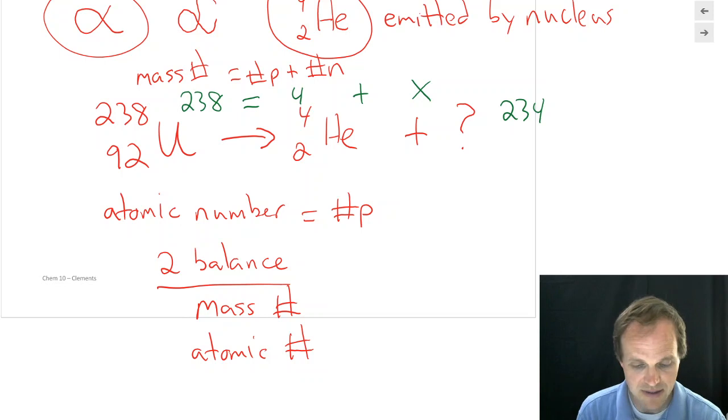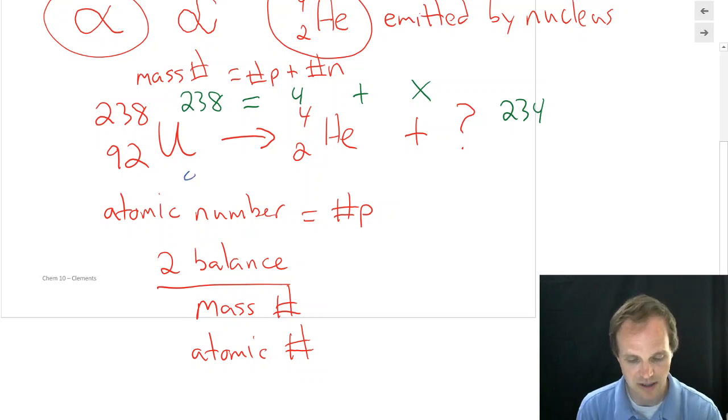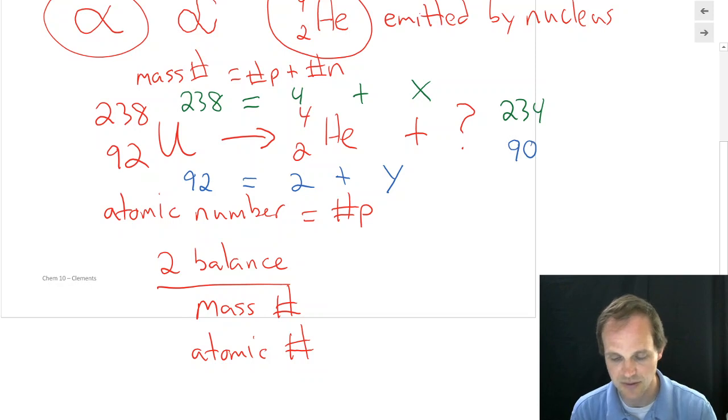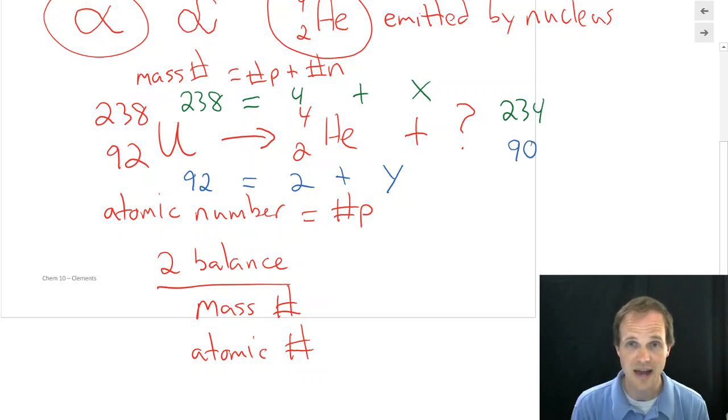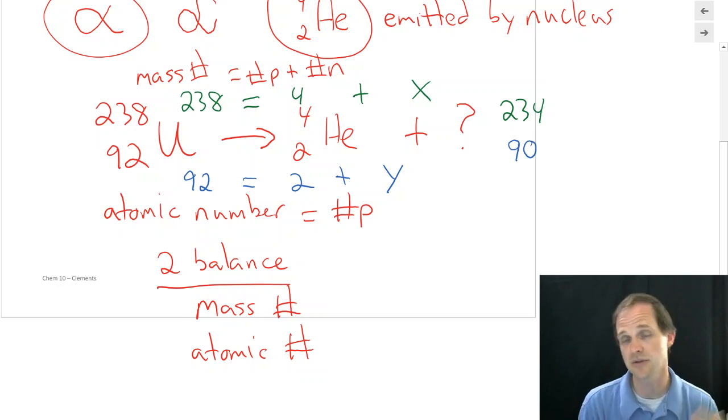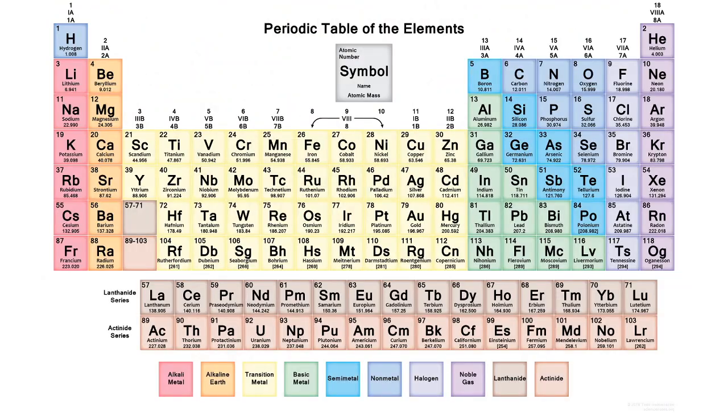We're going to do the same at the bottom for our atomic number. We get 92 is equal to 2 plus our new atomic number. And of course, that makes y equal to 90. So now we have the mass number and the atomic number. What we need to do is cross-reference on our periodic table. You look over here on the periodic table and try to find what has the atomic number of 90.